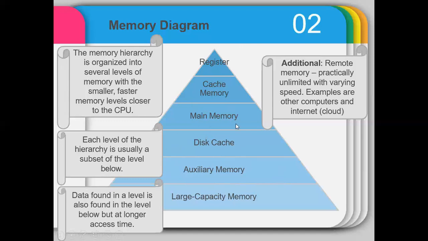This storage is faster in access time but has a small amount of storage. Here, the last level is the large capacity memory. This memory has higher storage but is slower in read and write time.